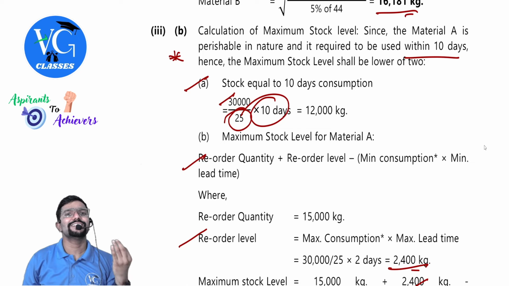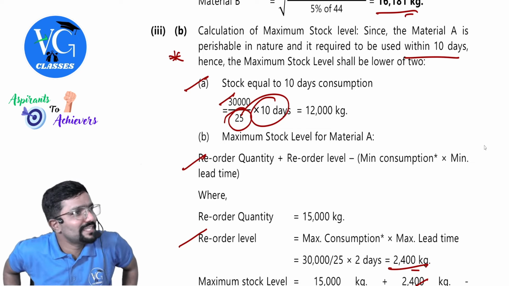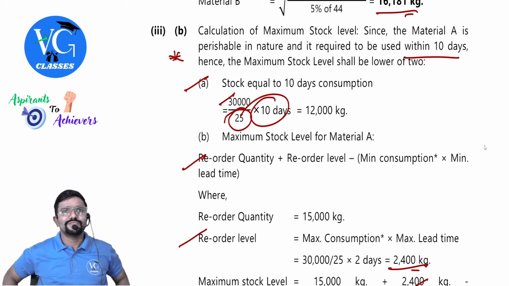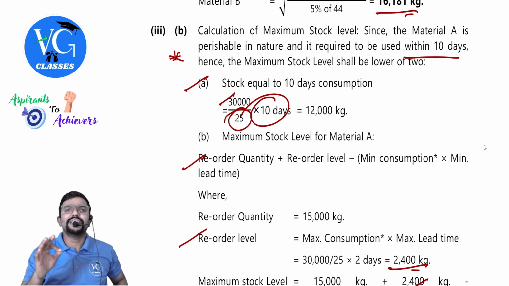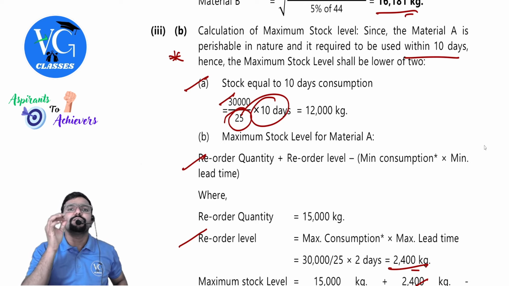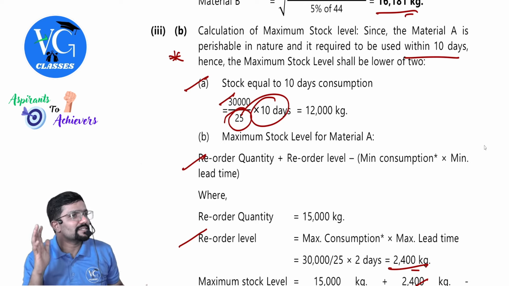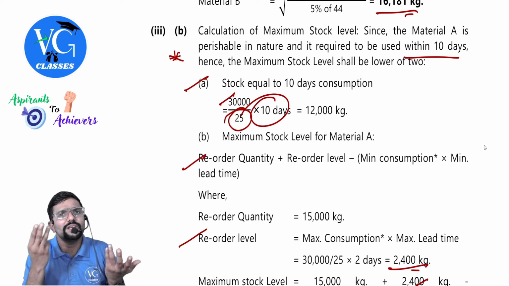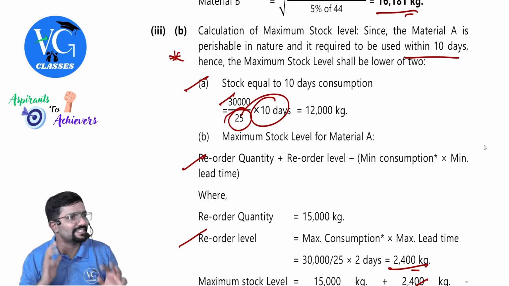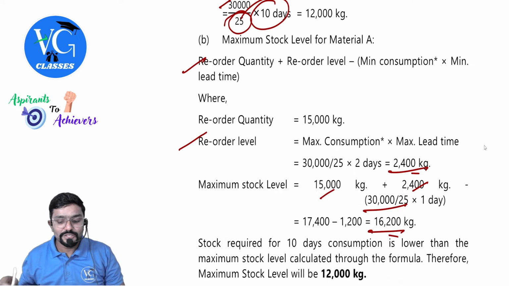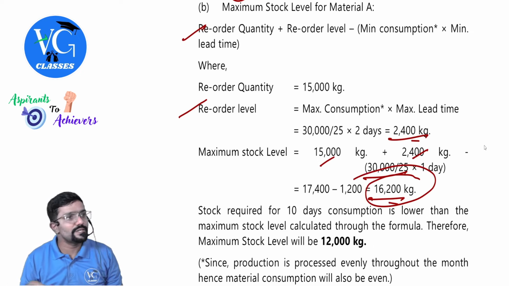Perishable. Correct, guys. I repeat, they are purchasing 15,000 units at a time. For the first 10 days, per day 1,200, so for 10 days 12,000 kgs. The remaining 3,000 will become waste. So, if I use the formula, I am getting 16,200.